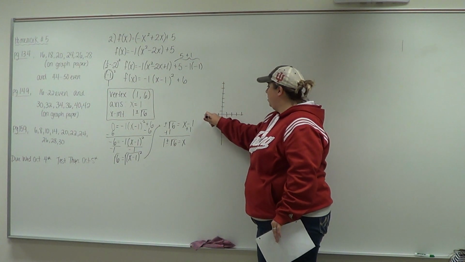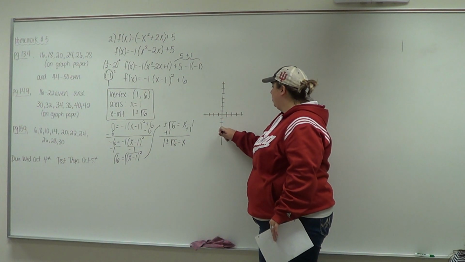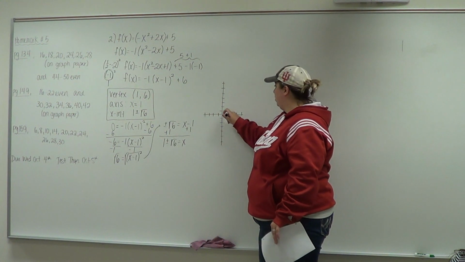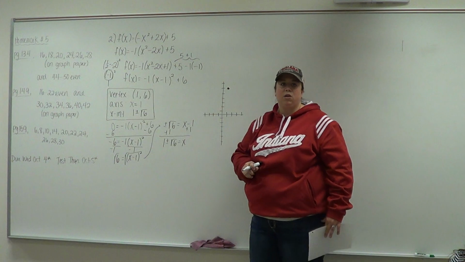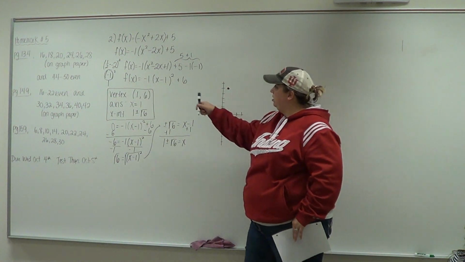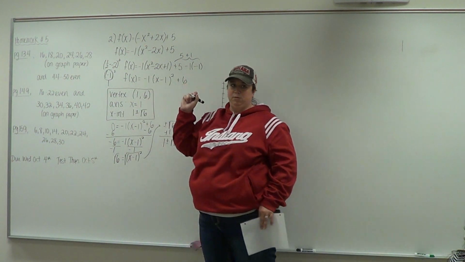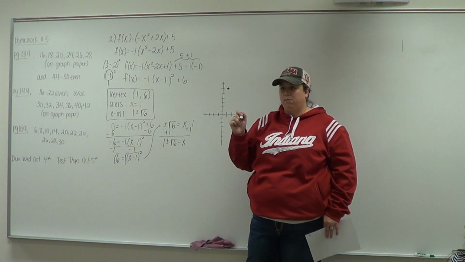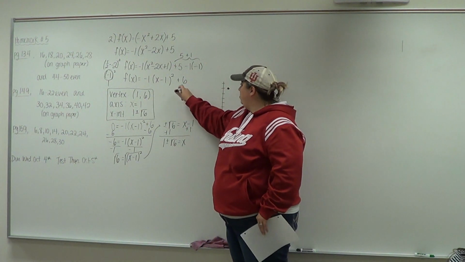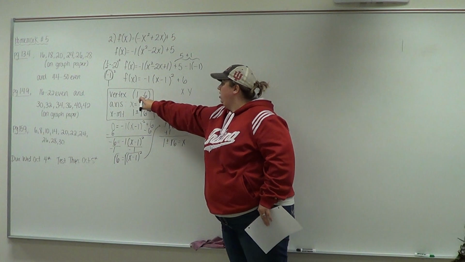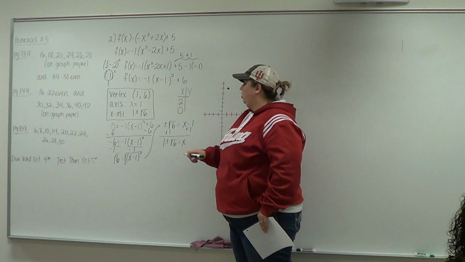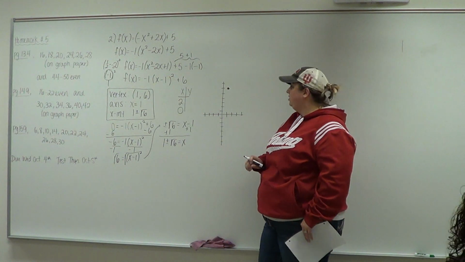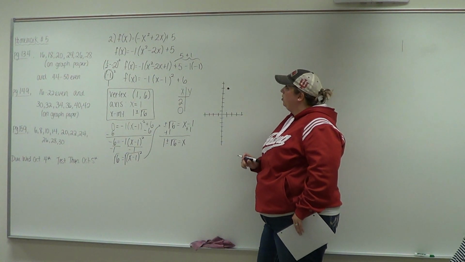How do I know this one's going to be upside down? Anybody know? Okay, if there's a negative in the front, it's going to be upside down. If the number's positive in front, it's going to go straight up. Okay, if I pick a number on each side, so my number was at 1, so I'm going to plug in 2 and I'm going to plug in 0. Okay, and you should get the same y answer for both.